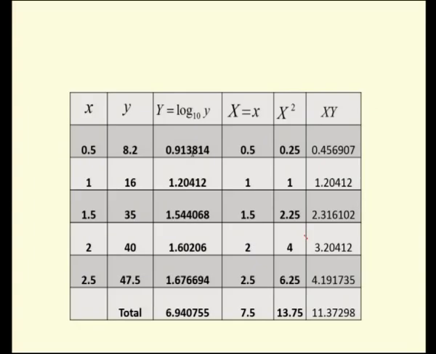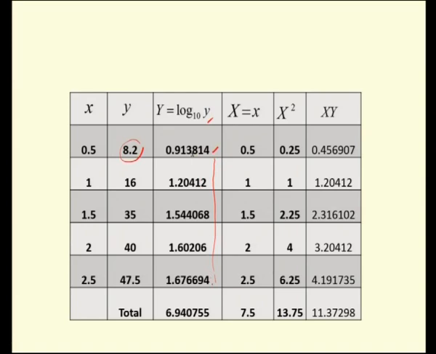So here are the given values of x and given values of y. This column is nothing but the log of y. On taking log of y, that is log of 8.2 to the base 10, it gives you this particular value, namely 0.9138. Repeating the same operation for this column, you get the logarithmic values.